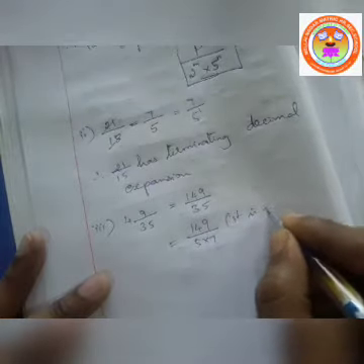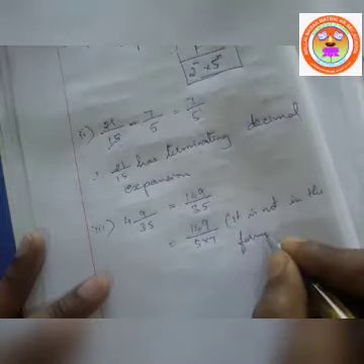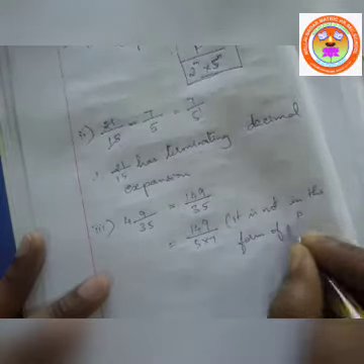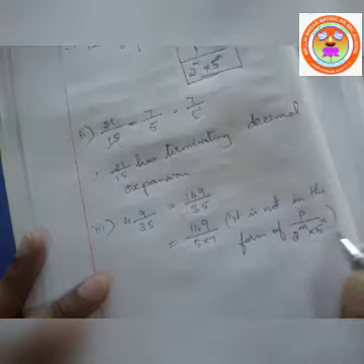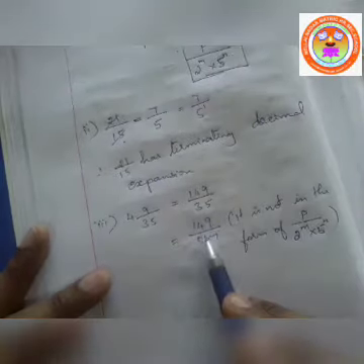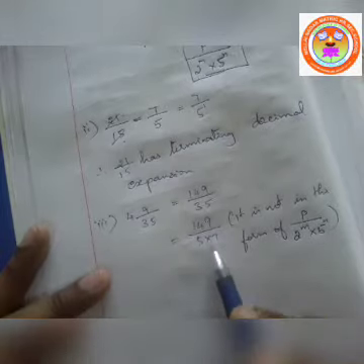It is not in the form of p by 2 power m into 5 power n. You can look, 5 power n is there, but 2 power m is not there. Some other number came, 7 came.